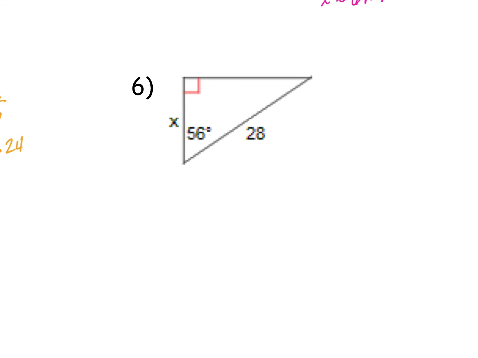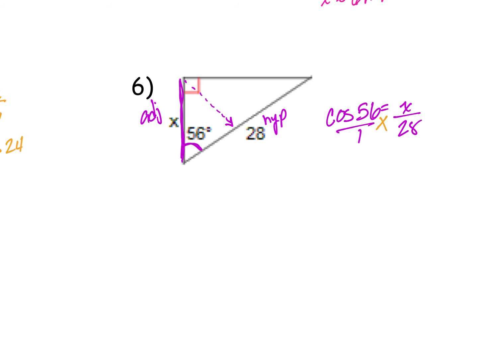Number 6 here. Here's my angle. Here is my hypotenuse. And I have the side that makes the angle, so that's the side that's adjacent. Adjacent and hypotenuse is cosine. Cosine of 56 is going to equal x over 28.